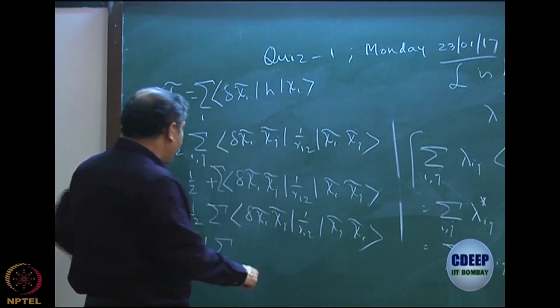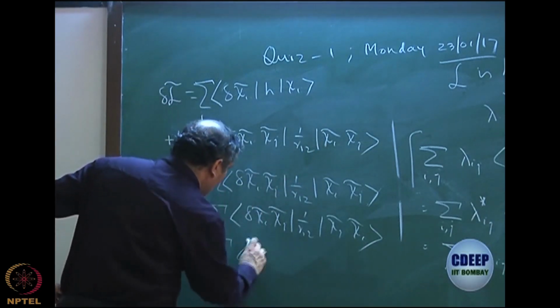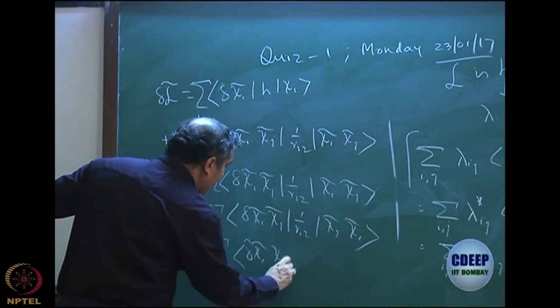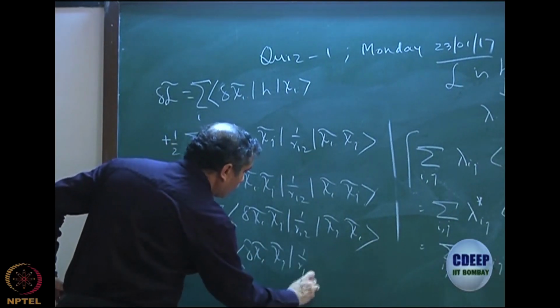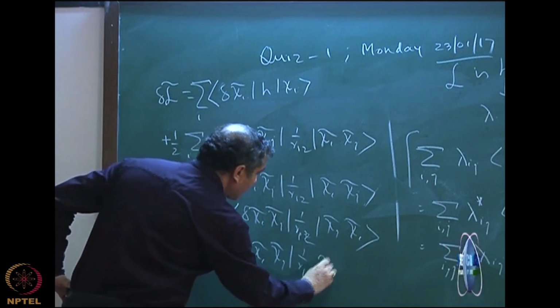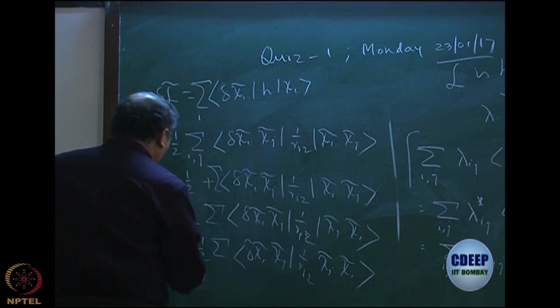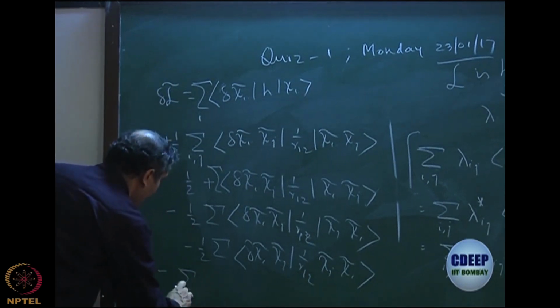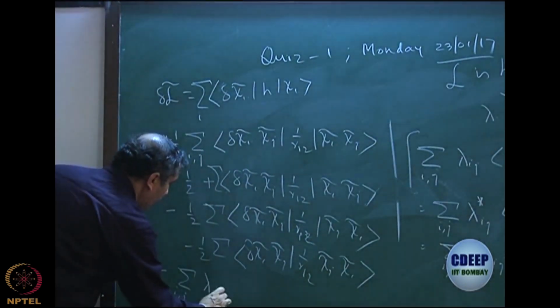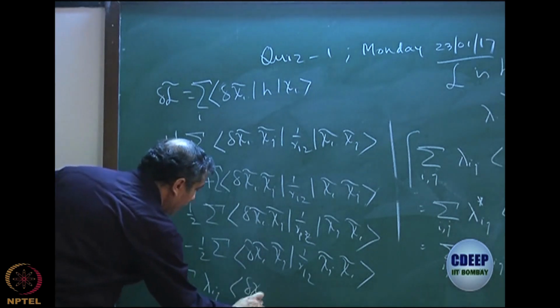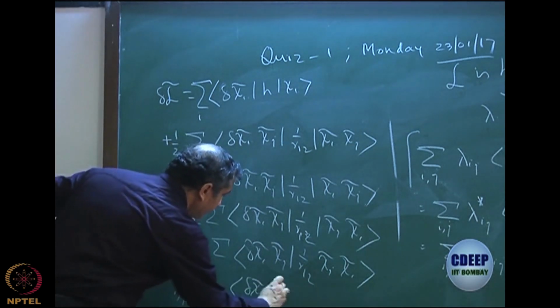So that's the reason I'm writing it separately for the time being. Delta chi I tilde chi j tilde 1 by R12 chi j tilde, minus sum over ij lambda ij delta chi I tilde chi j tilde.